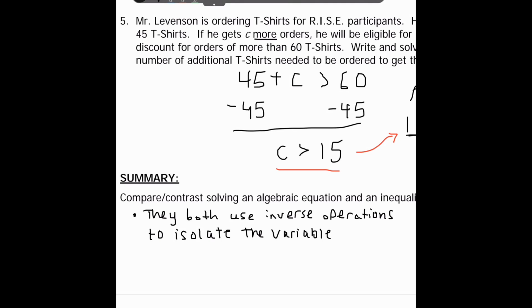So once again, that's a major similarity between how we solve algebraic equations and algebraic inequalities. You need to isolate the variable, get that variable alone for both of these types of questions.